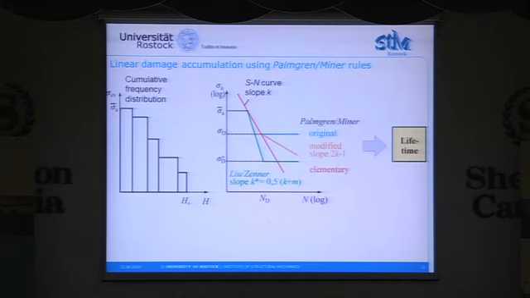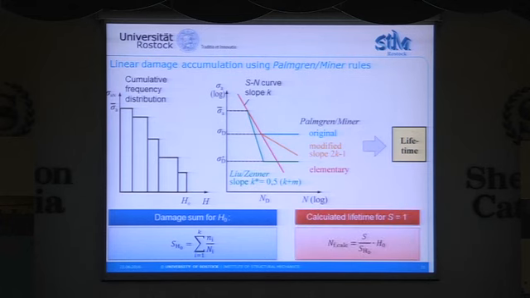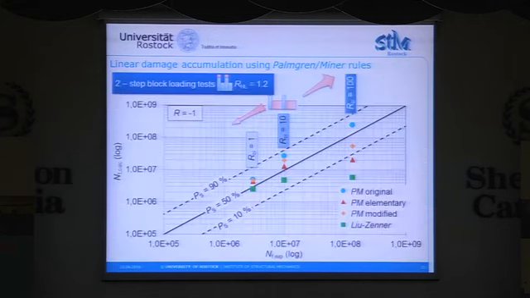We use this to calculate the lifetime, in that we have a damage sum for one cumulative frequency distribution for one sequence, and then we assume a theoretical damage sum of 1, and then we can calculate the number of cycles to failure for several sequences.